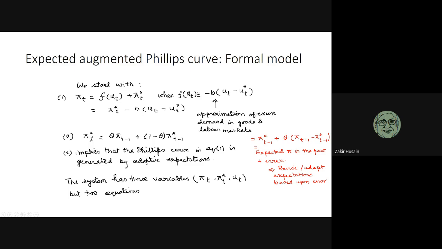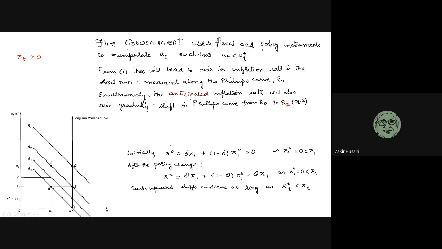So pi star t, what I am expecting in this period, was also 0. What happens over here is the inflation rate starts to go up. As a result of this, from equation 2, we will see that the anticipated or expected inflation rate will also rise gradually.